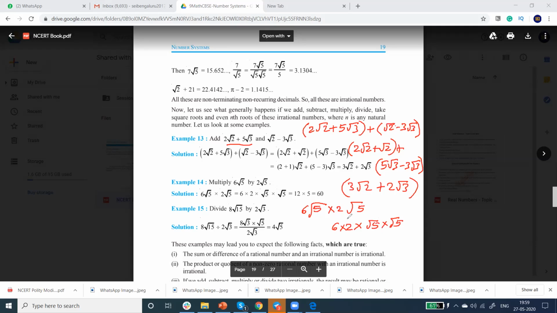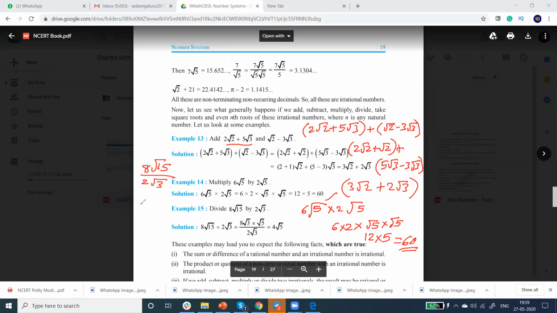So 6 into 2 is 12, into root 5 into root 5, which is 5, gives 60. 60 is the answer. Got the point?